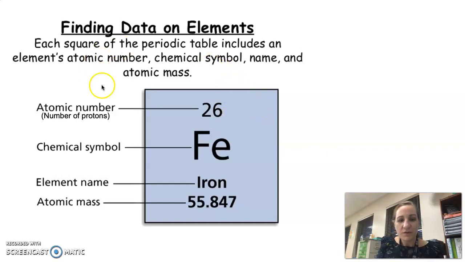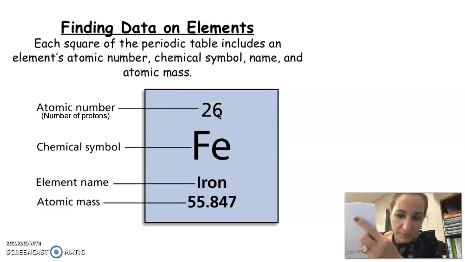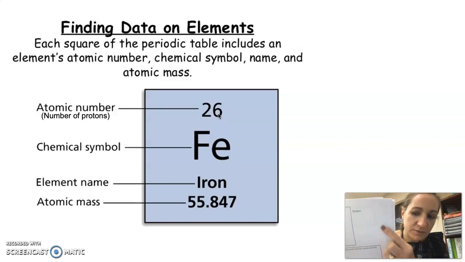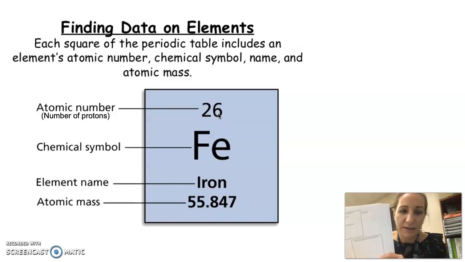So this, finding data on elements, is what you need to draw in your notes section in your packet right here. So for these first notes, you're just going to draw this box and label what each part represents on the periodic table.